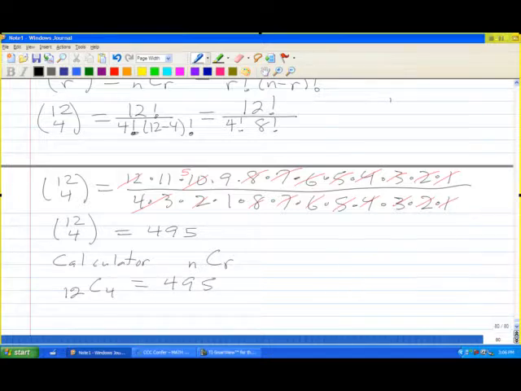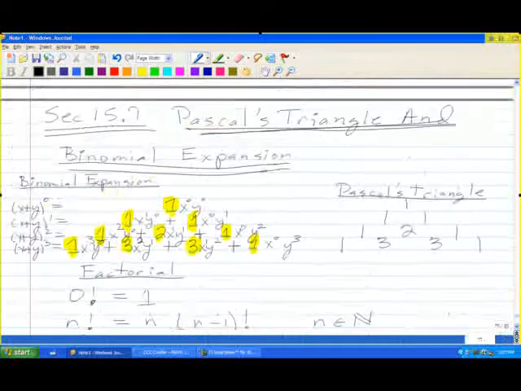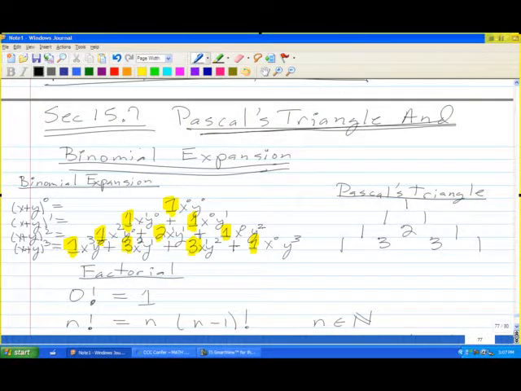Good. Let's calculate, let's say, 3C2 on Pascal's triangle. To do that, the first thing is to figure out n.